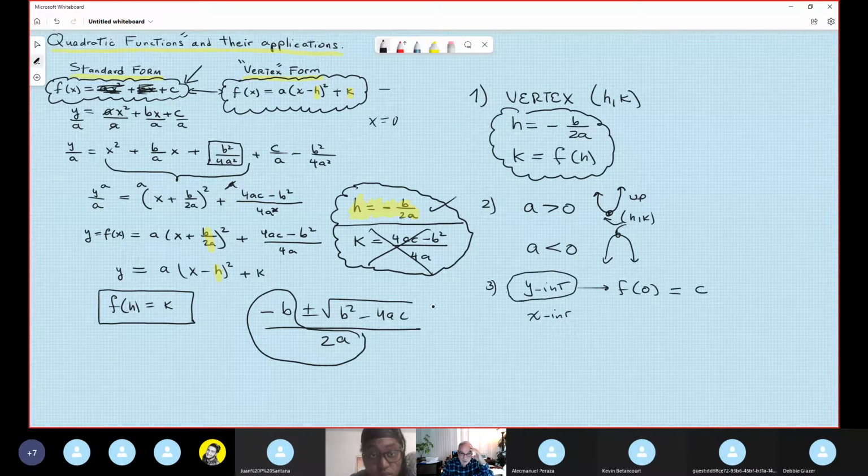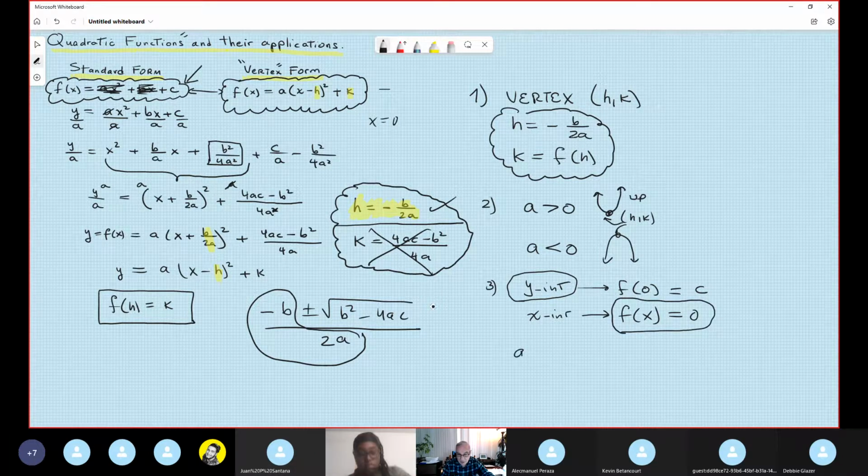However, the x-intercept is always more complicated because f of x equals 0. This is the formula that allows us to find the x-intercepts in any function, not necessarily a quadratic function. However, that problem is equivalent to ax squared plus bx plus c equal to 0.